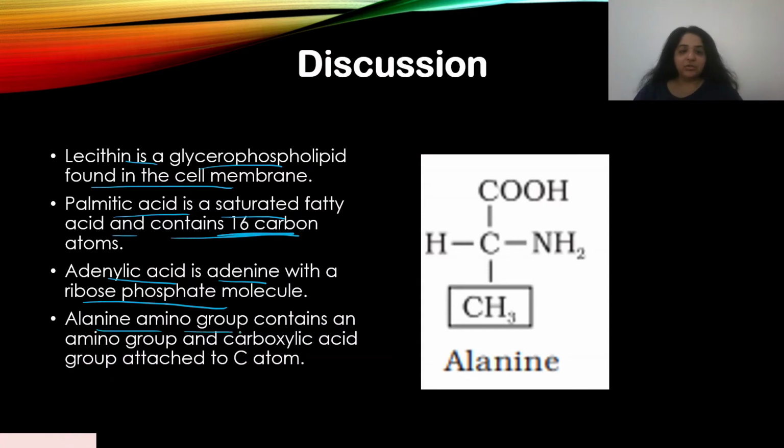Alanine contains an amino group and a carboxylic acid group attached to the carbon atom. As you can see here, this is the structure of an alanine amino acid. So you have a carbon atom over here to which NH2 and carboxylic acid are attached. All right. Okay, let's move on then.